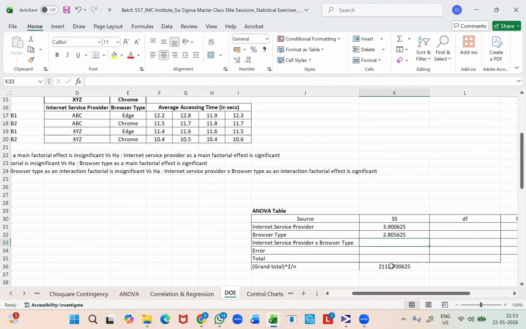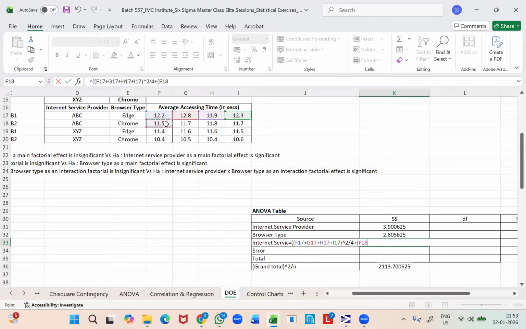Right? And then for the interaction factorial effect, internet service provider into browser type. So I would be summing up all these data points pertaining to each of these 4 treatment combinations separately for this. So this plus the first row, this plus this, the whole square divided by 4, right? I'm considering only 4 data points.